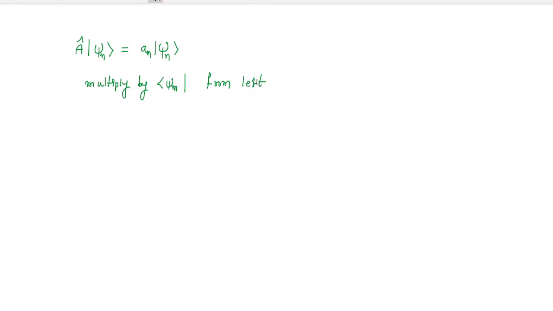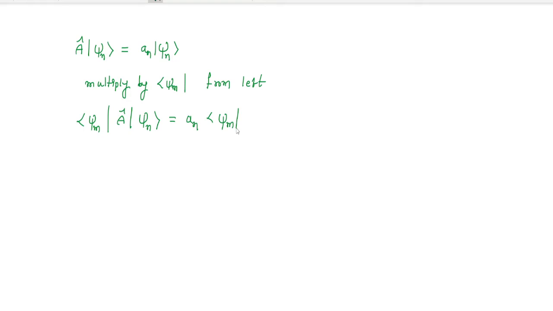Then the equation becomes: psi_m, operator A, ket function psi_n, equal to a_n. This is a scalar, so we can write it outside of this operator, inner product of the two vectors.